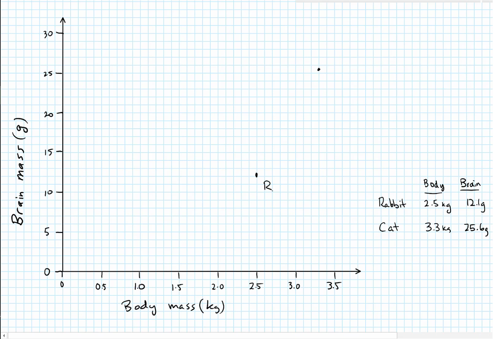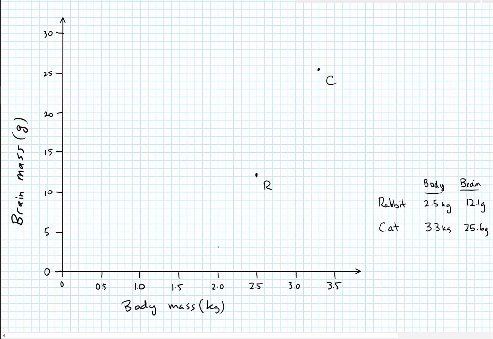And the average body mass of the cats that they examined were 3.3 kilograms, and the average brain mass was 25.6 grams. So I've intentionally just given us 2 data points, because we're going to do the same sort of thing that we just did, which is we're going to assume it's linear, which means there is a line passing through these 2 points.